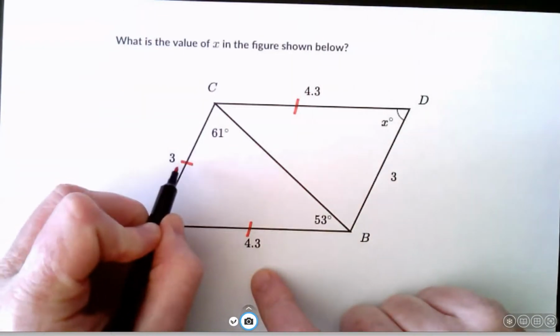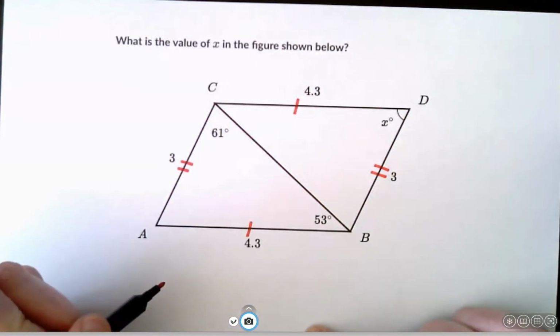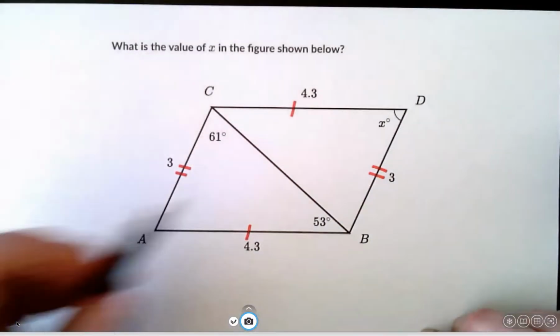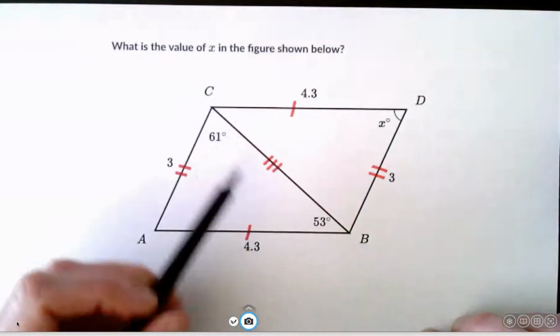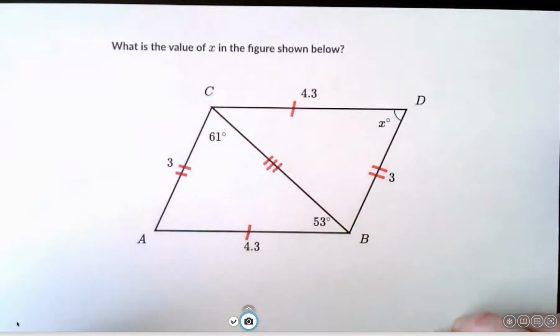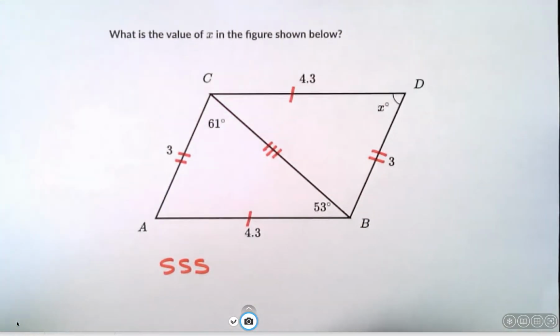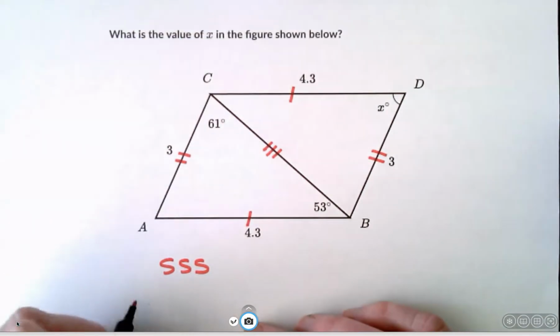We know this is congruent to this. We know this third side is the exact same side. So this line is in both triangles. So we have side, side, side congruence there.